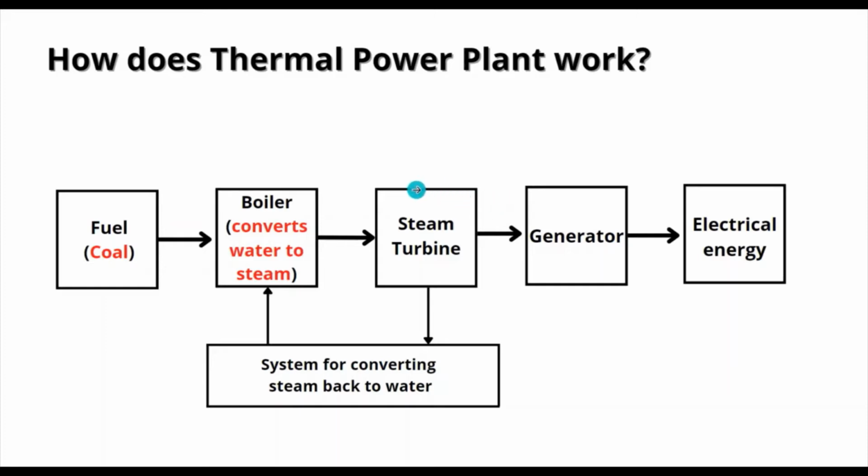Then the shaft also rotates, and electricity is produced in the generator. It can be supplied to household users, and in between there will be a system for converting the steam back to water so that the water can be recycled.